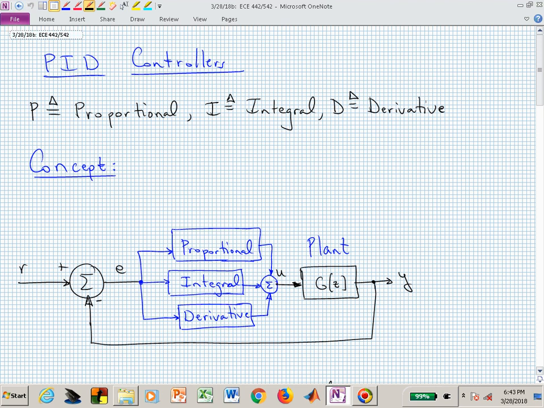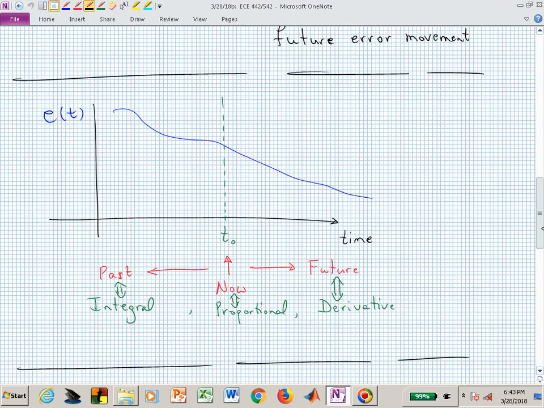And what I want you to try to get from this last couple of minutes is this concept. The error signal, remember, we're trying to maybe drive that error to 0. And each of these 3 component parts of an overall PID controller influences how you manipulate or adjust your control signal U based on the error E. The proportional will be direct in time, and maybe I should just let me slide on down here.